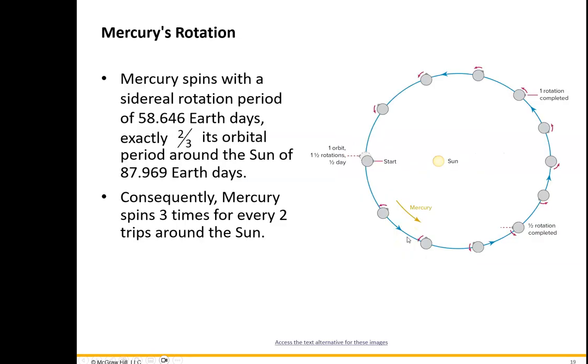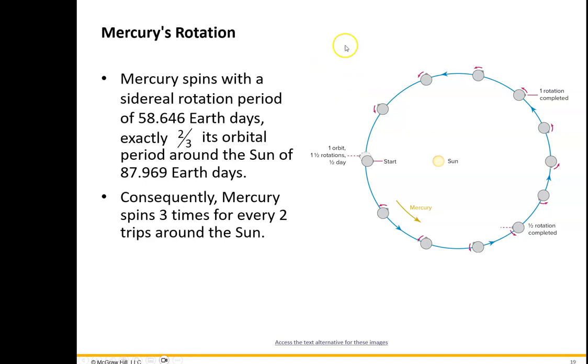What else? Okay, now this is an interesting thing. Actually, before I go on, let's talk a little bit about our moon. Our moon goes around the Earth, and it has what we would call a 1-to-1 resonance.